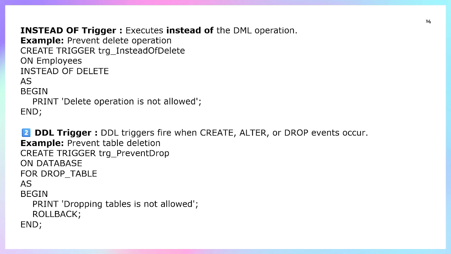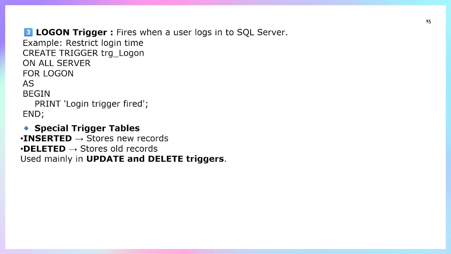If you want to prevent dropping the ABC table, drop table is your table name, and if you want to prevent it, then you can write it that way: create trigger name prevent drop on database for the table name as begin, and dropping table is not allowed, meaning roll back or whatever you want to do, you can do it like that. So this is the DDL trigger.